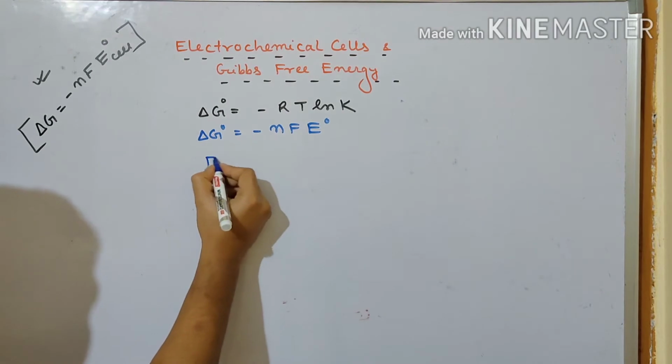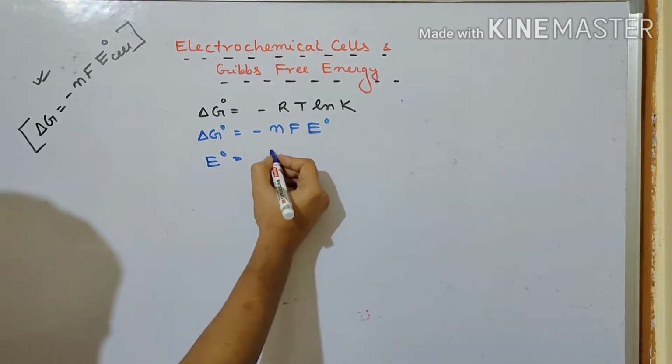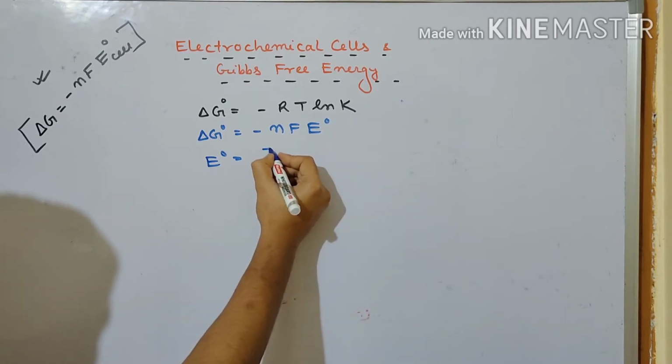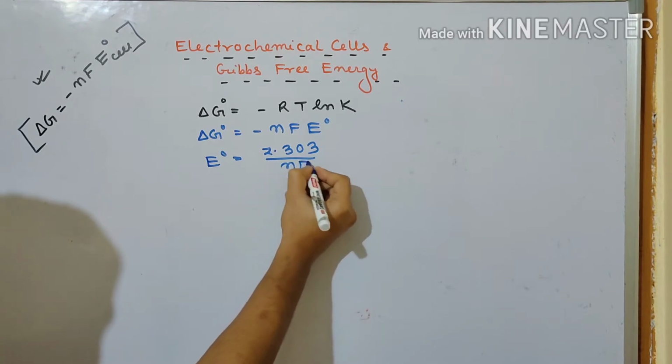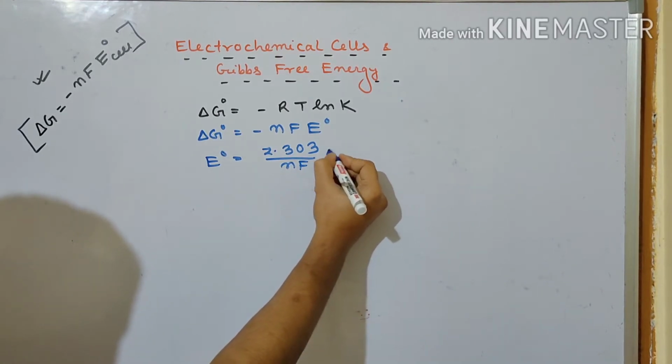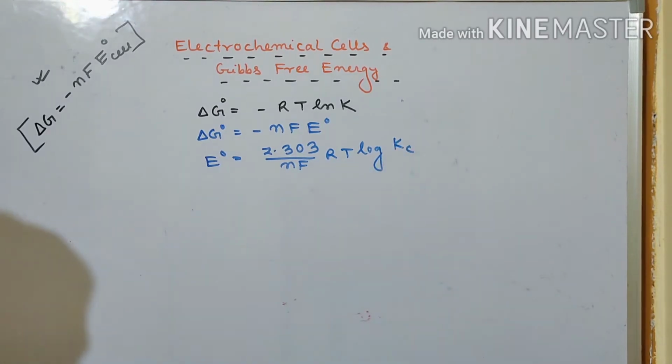We also know that E0 is equal to, we have just seen that it is 2.303 RT by NF log Kc.